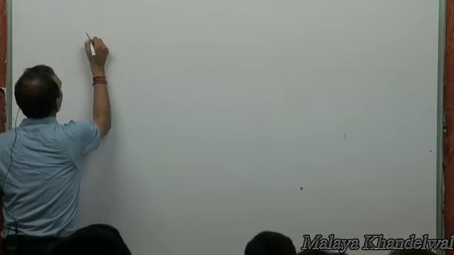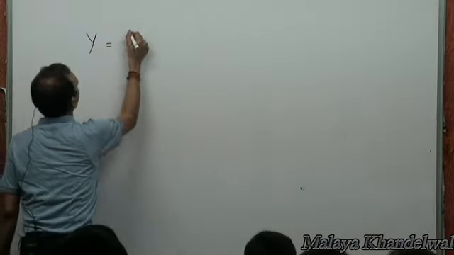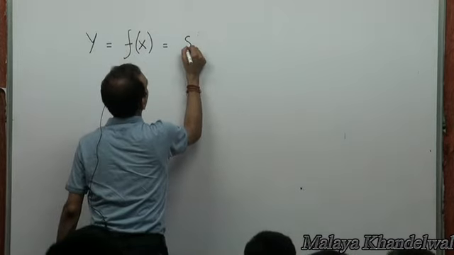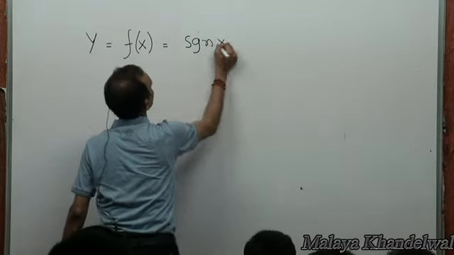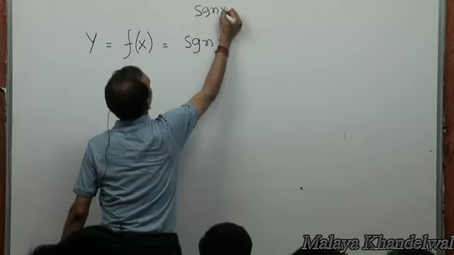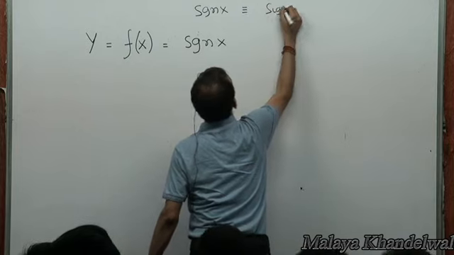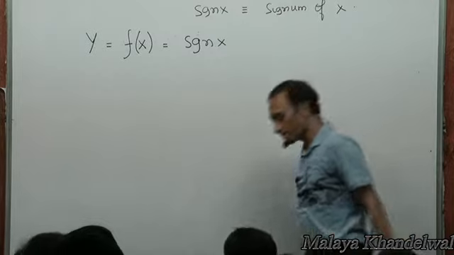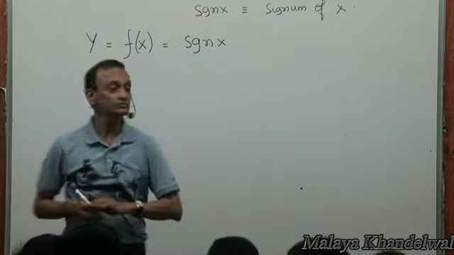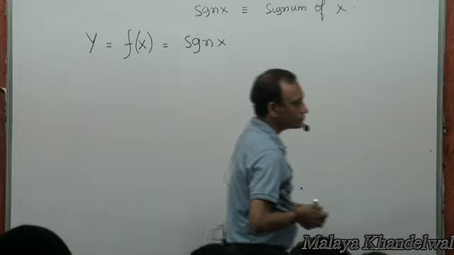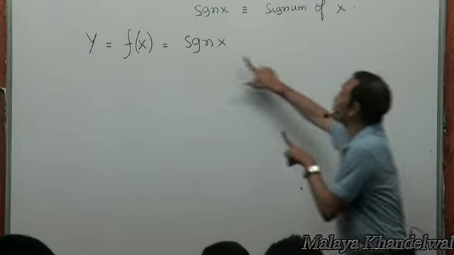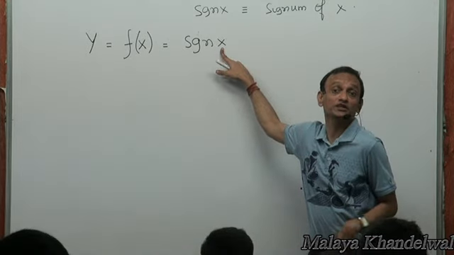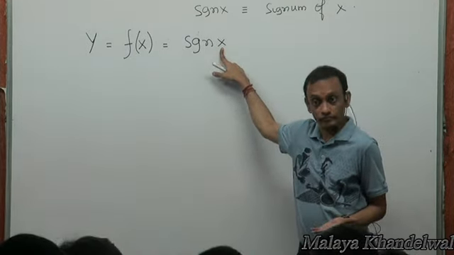Now, we have a function y equal to f of x equal to signum x. SGN x means signum of x. The output produced by this operation depends only on the sign of x, whether it's positive, negative or 0.